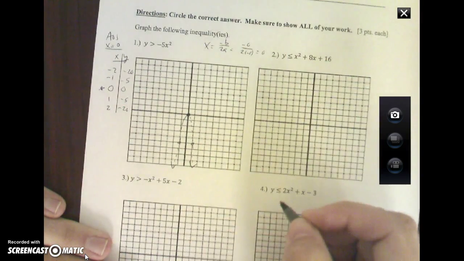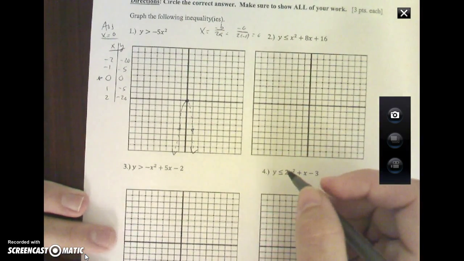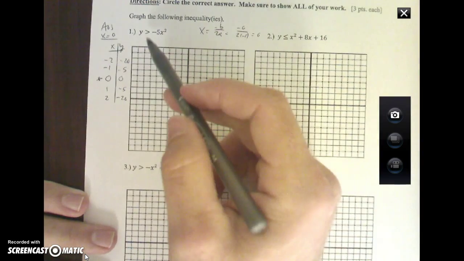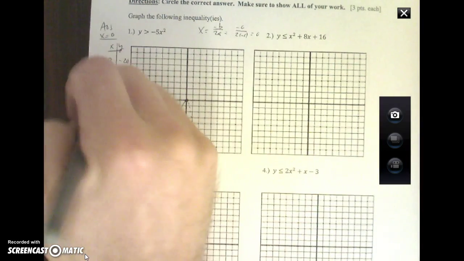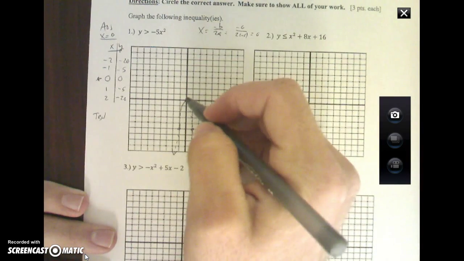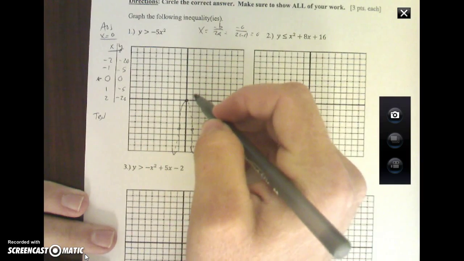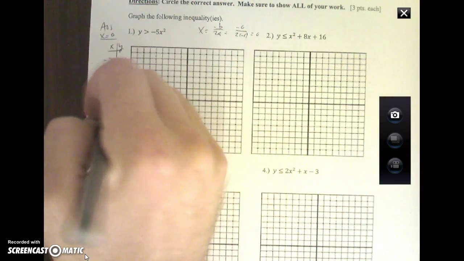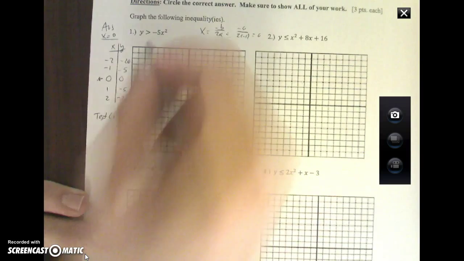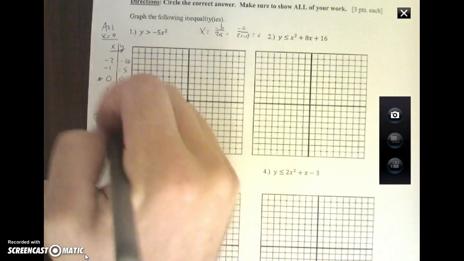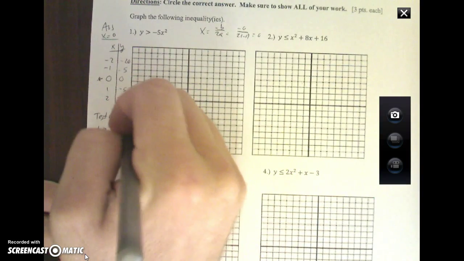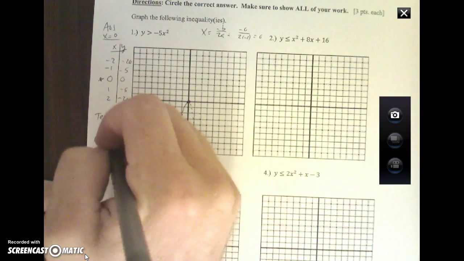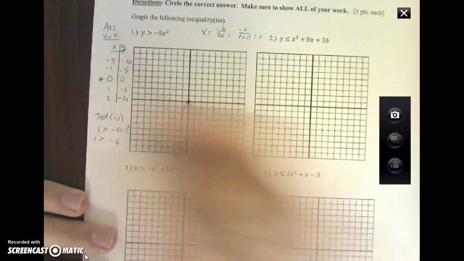Okay, and you can do a test point if you'd like. All right, hopefully you guys see a trick. If it's greater than, it's just above. Let's do a test point just to verify that. I'm going to pick point, let's go 1, 1, this point right here. And again, you can pick whatever point you want. Plugging it up here is 1 greater than negative 5 times 1 squared. So basically is 1 greater than negative 5.